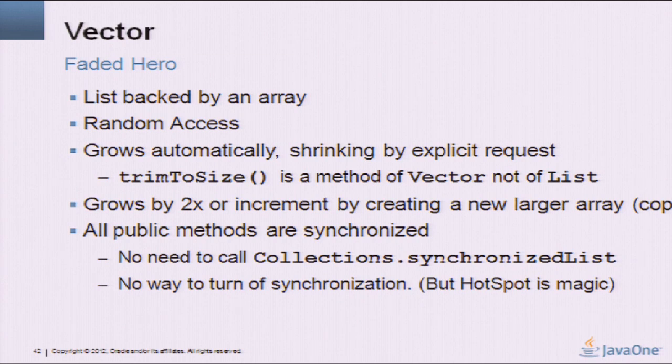If an access is uncontended, HotSpot is able to basically omit the synchronization steps that would otherwise be required. But there's not much good reason to be using vector anyway. You might as well just use Collections.synchronizedList on an array list.